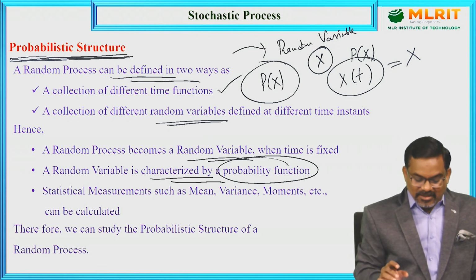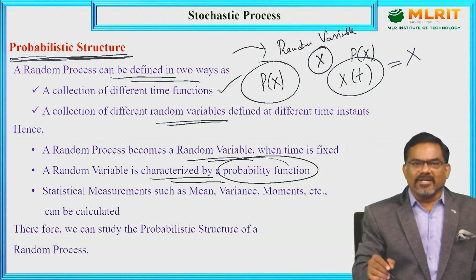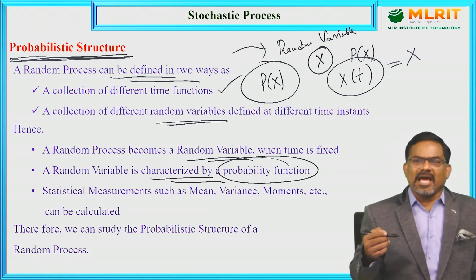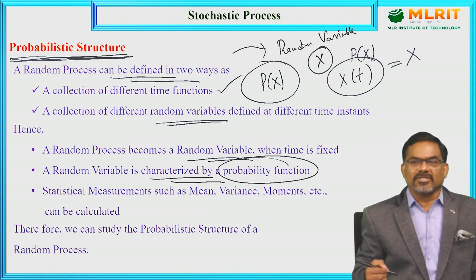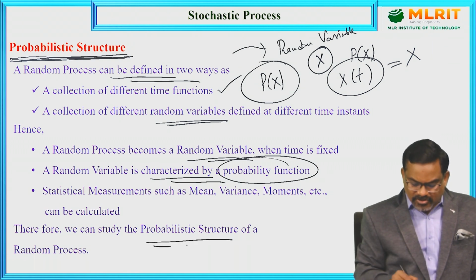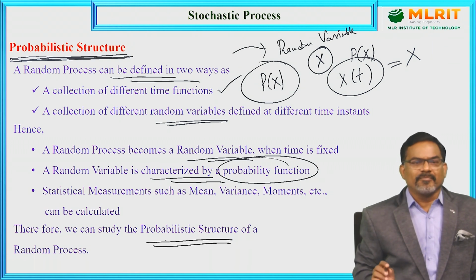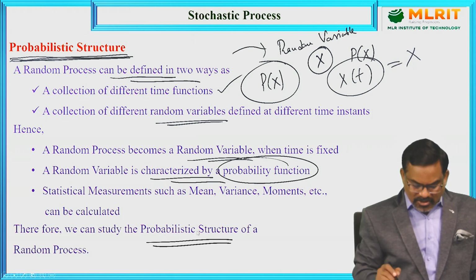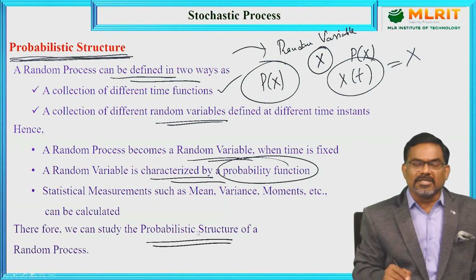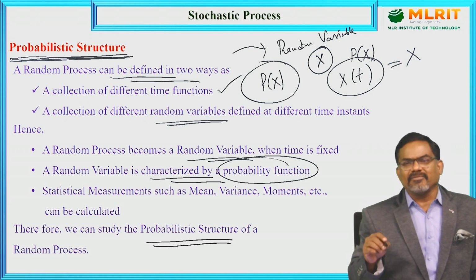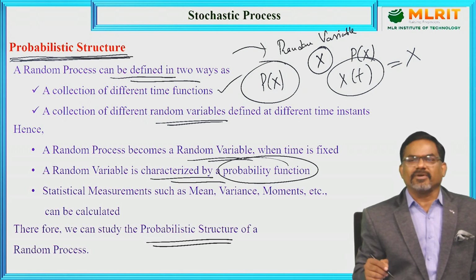Since x is a random variable, it is associated with some probability function, and hence we can calculate some statistical measurements also. Therefore, we can study the probabilistic structure of a random process. The study of probabilistic structure of a random process is possible since the entire process is linked with a random variable x, which has the probability function also.